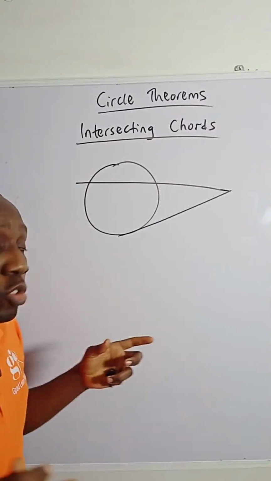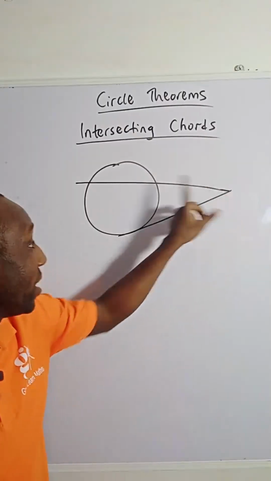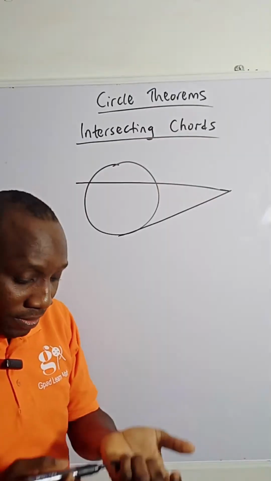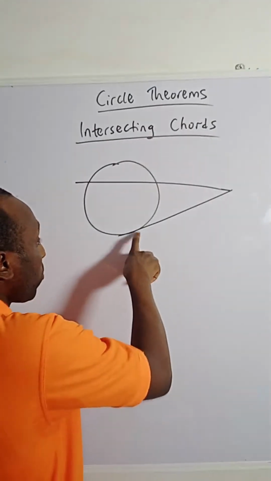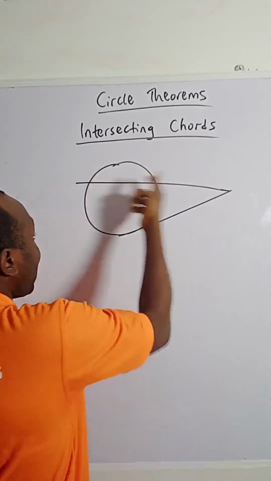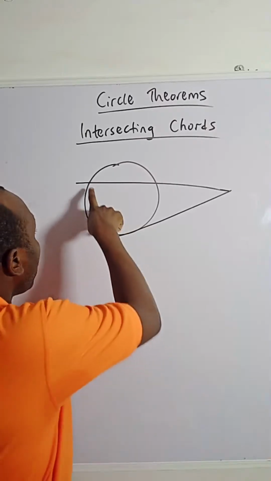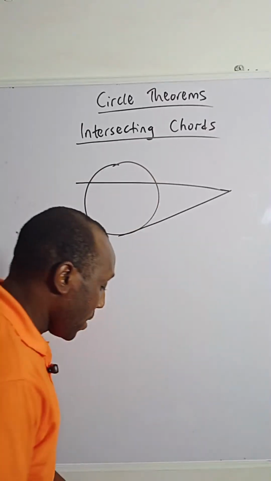Then we talked about 2 secants, all right, where they intersect outside the circle. This one is what? A tangent and a secant, all right? You know what a tangent is? It touches the circle at one point, but a secant crosses the circle at 2 points, here and here. What do you do when you have a case like this?